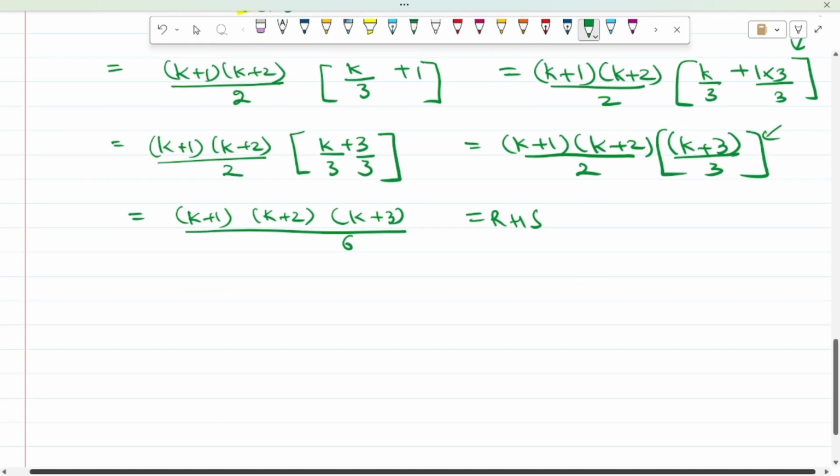So we can say that n is equal to k plus 1 is true, or some write k plus 1 holds. It's up to you.